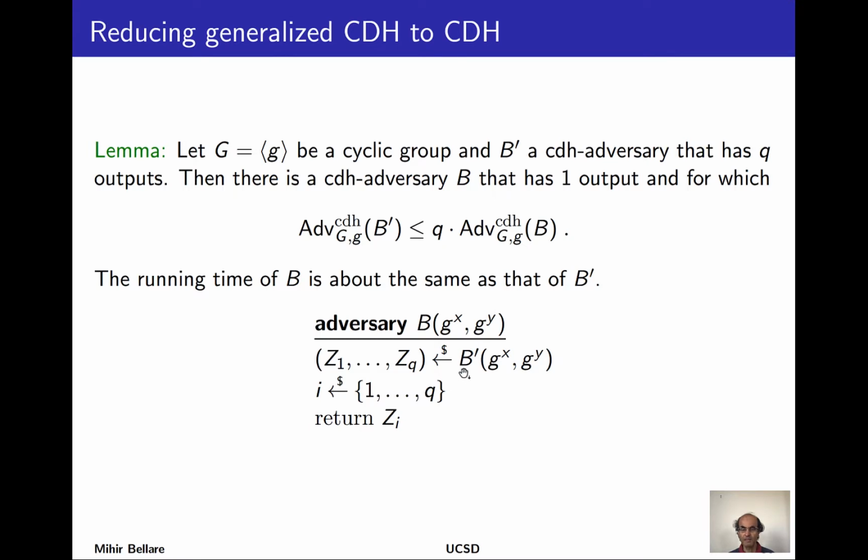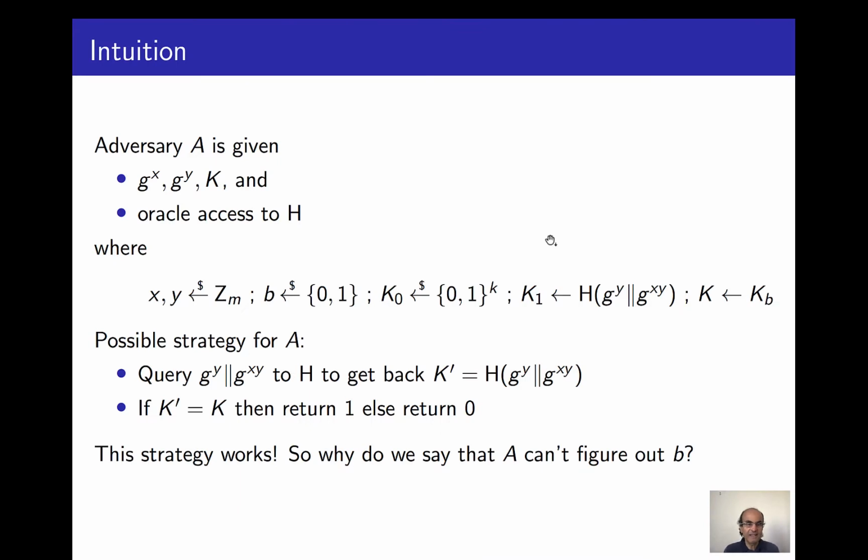It asks B prime, what are your guesses as to the value of g to the xy? And B prime says, I think it's one of these Q things. And B says, I'm going to pick one of them at random and return it. And it's not hard to see that with 1 over Q chance, it hits the one that makes B prime win, which justifies this.